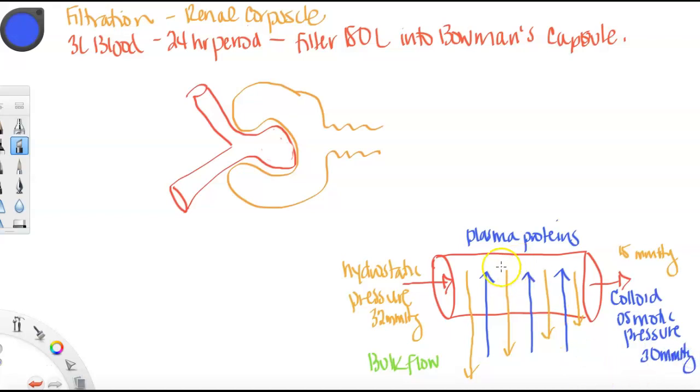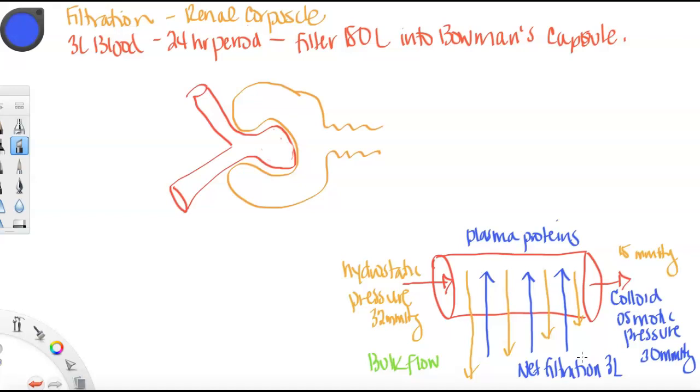It doesn't change because the proteins are all in the blood, so it doesn't get less as it goes down the capillary bed. It stays the same. With fluid coming back into the capillary because of colloid osmotic pressure, countering the hydrostatic pressure pushing out the bulk flow, we end up with a net filtration of about 3 liters. And if you remember, we had the lymphatics in there to sop that up.